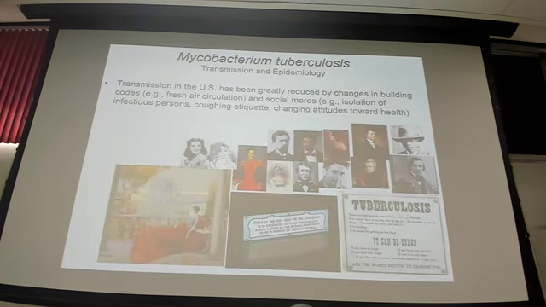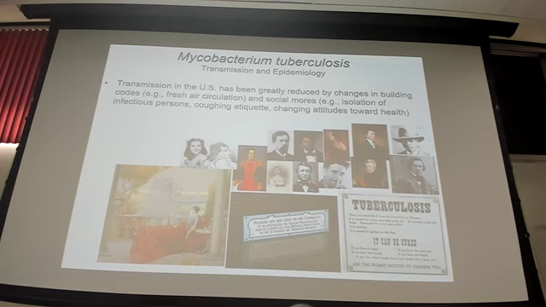Throughout history, I mentioned this was a big problem, particularly in the 1800s. This is one of the few diseases, just for historical interest, that was glamorized a little bit and considered to be an attractive disease to have, particularly in Victorian era times. And particularly, there was this kind of sexist association with women who had tuberculosis.